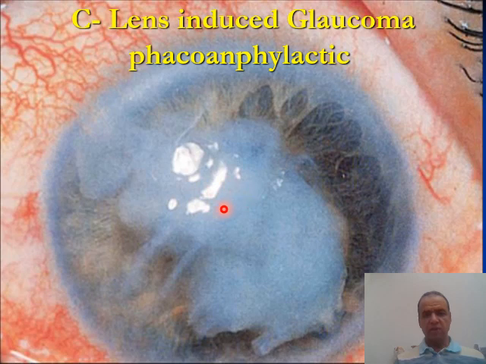This lens matter is regarded by the body as a foreign body, and there is an antigen-antibody reaction leading to severe anaphylactic inflammation and severe rising of intraocular pressure. Again, the treatment here is to remove the lens matter and the lens as a whole by cataract surgery.